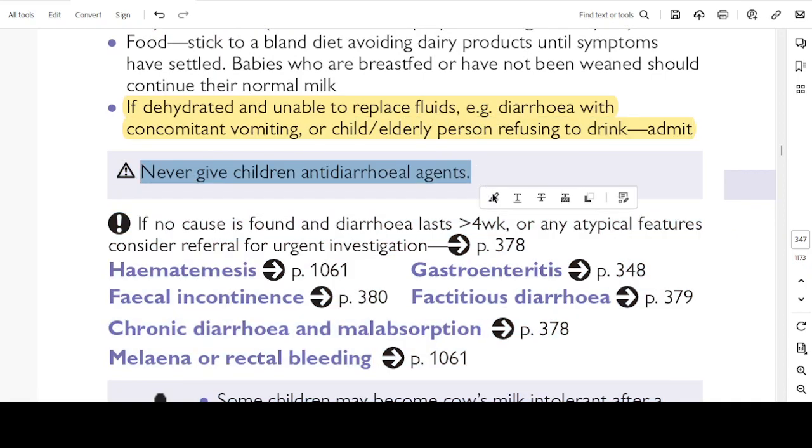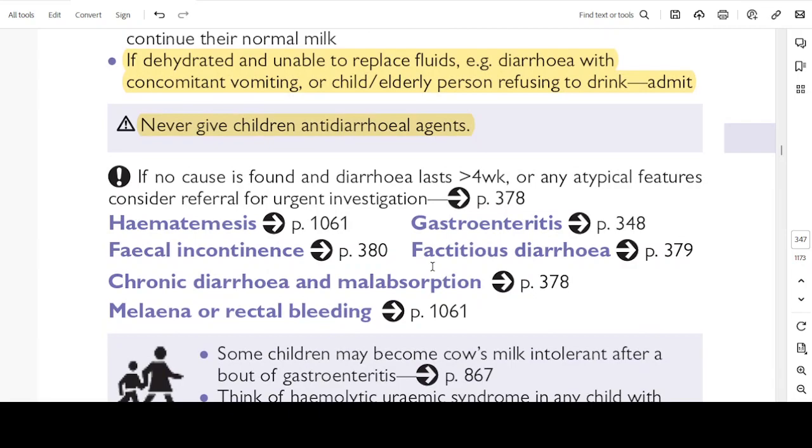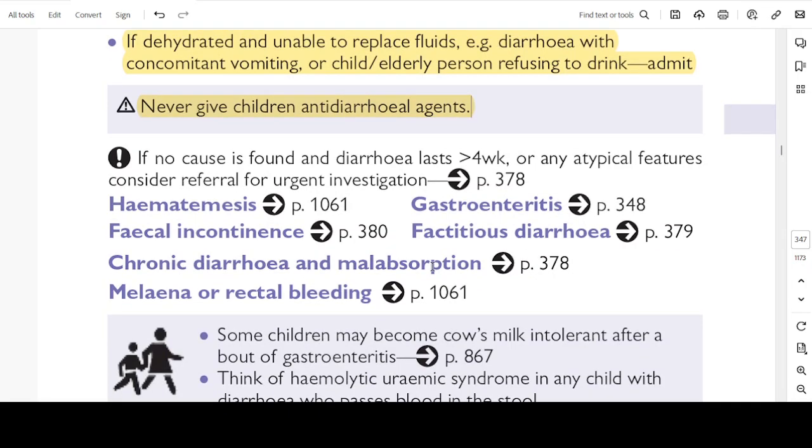Antidiarrheals are, for example, Imodium, loperamide. If no cause is found and diarrhea lasts more than 4 weeks or any atypical features are present, consider referral for urgent investigations as mentioned in page 378, because more than 4 weeks is chronic diarrhea.